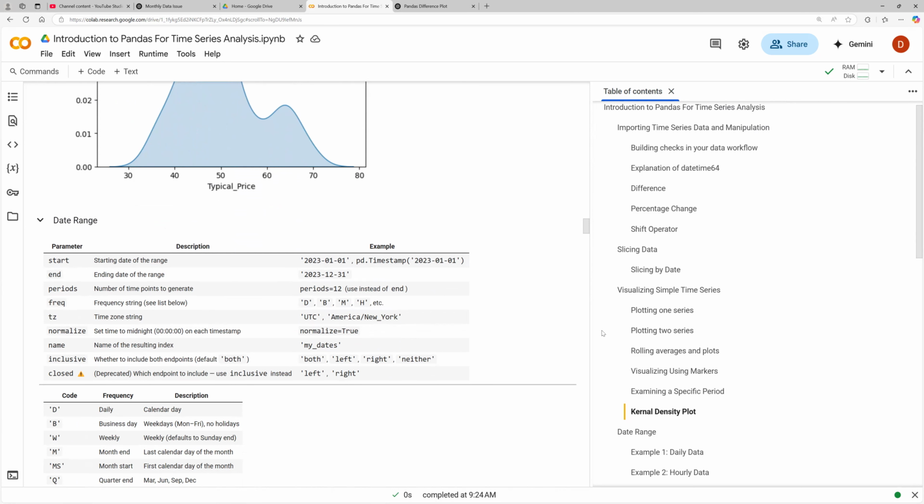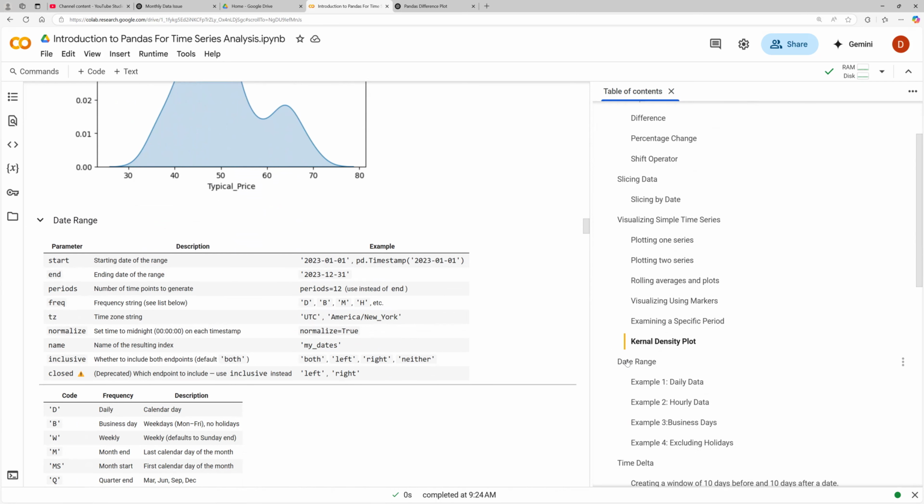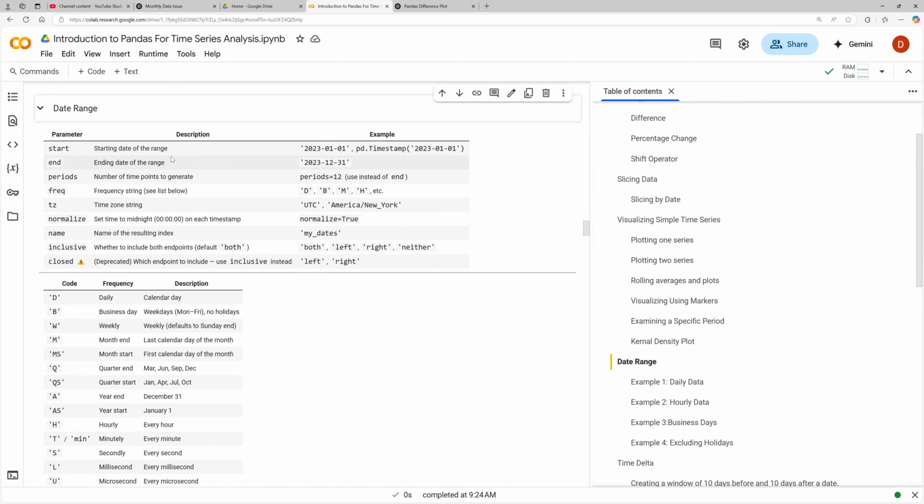Now we're going to be moving on to date range. I have this table here to show you what the parameters are that you could input. So we've got the start, the end. I think the frequency is pretty important. Time zone setting, I think it's dependent on where you are. Normalize equal to true, inclusive, and closed.